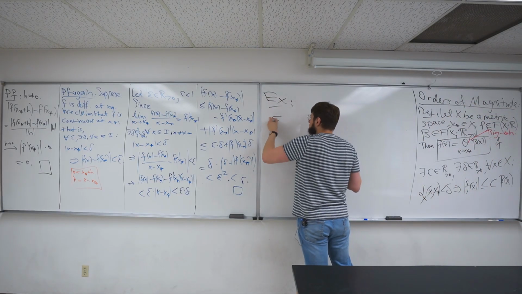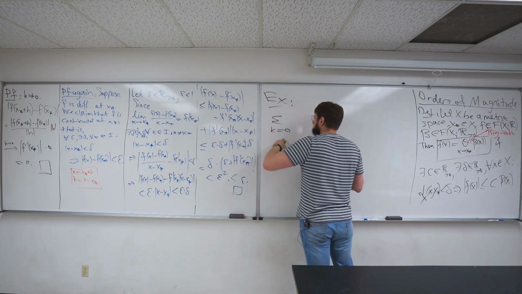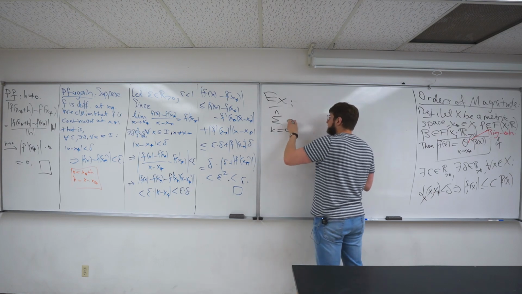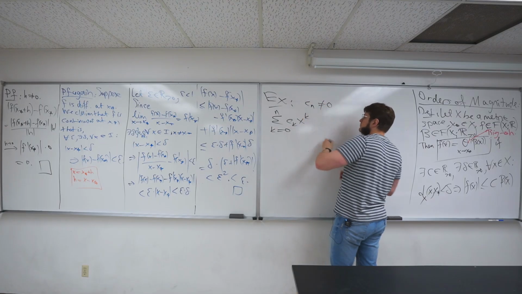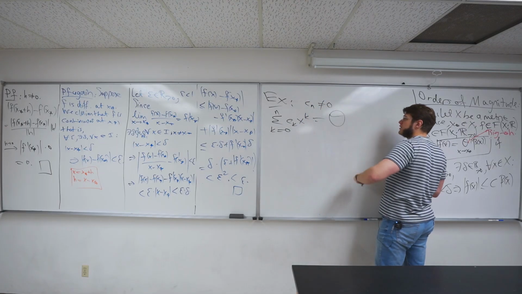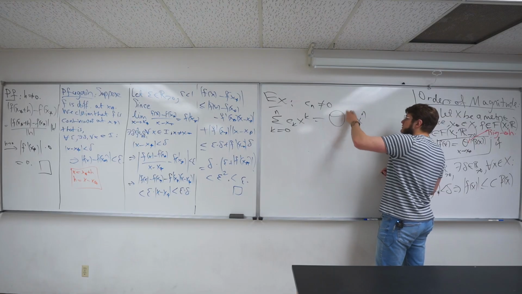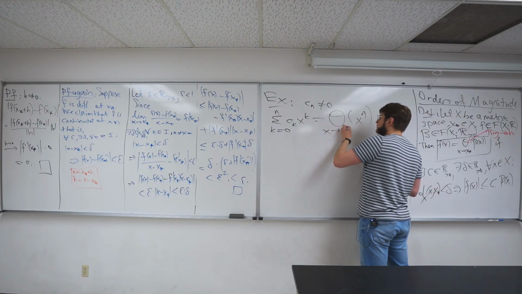More generally, the sum from k equals 0 to n of c_k x to the k, of course I need c sub n to be non-zero, is big O of x to the n as x goes to infinity.